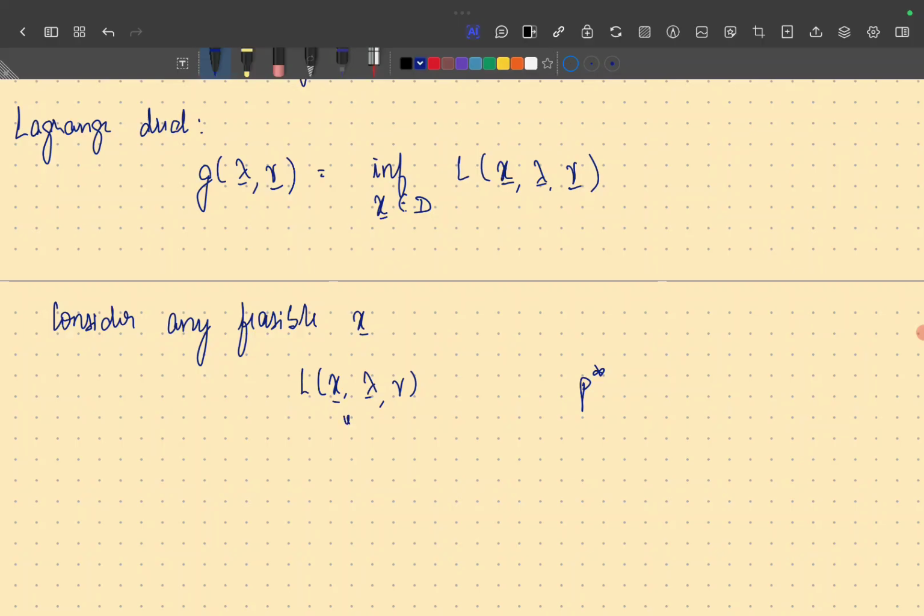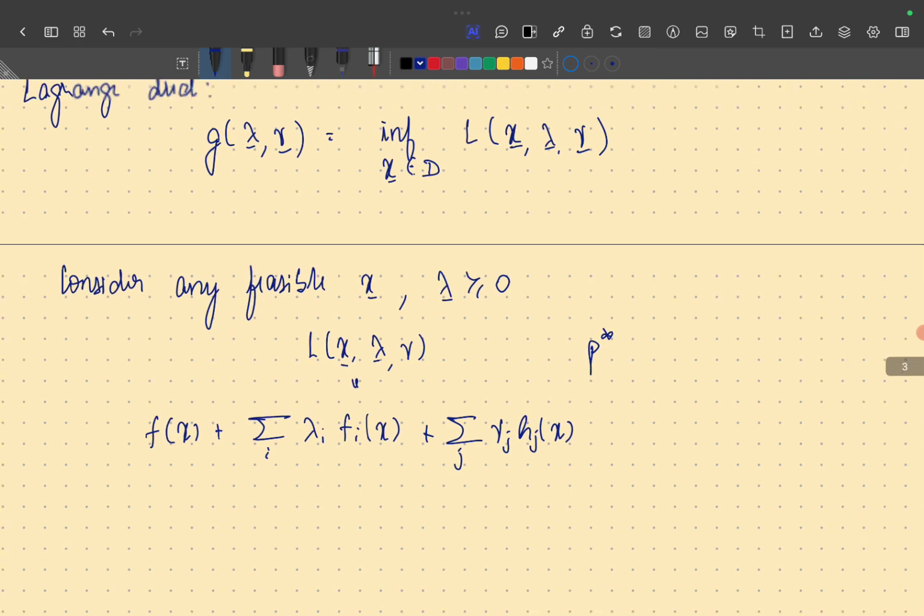Recall that L of x, lambda, nu is f of x plus sum over i lambda i f_i of x plus sum over j nu j h_j of x. So for any feasible x and lambda which is entrywise greater than or equal to 0, so each lambda i is greater than or equal to 0.